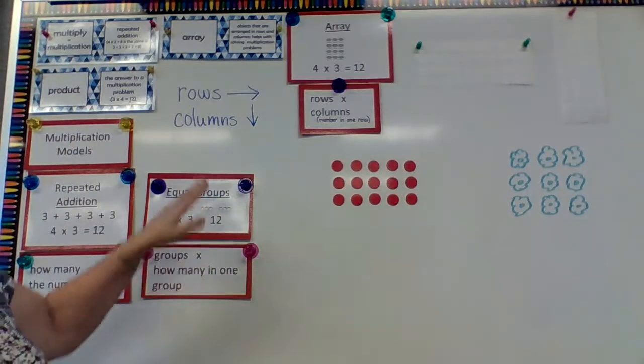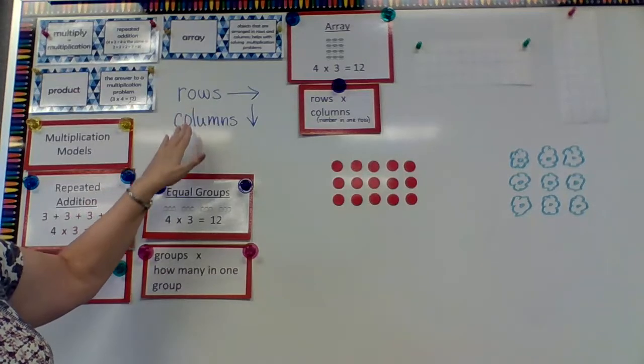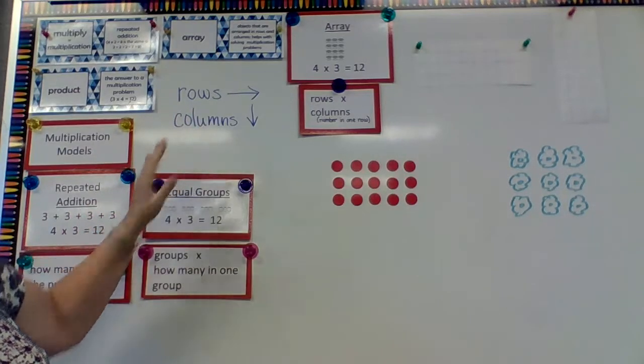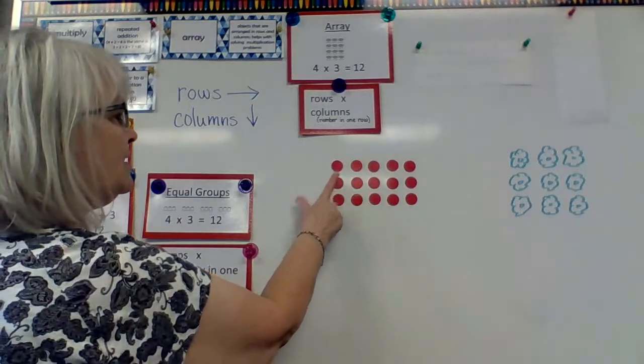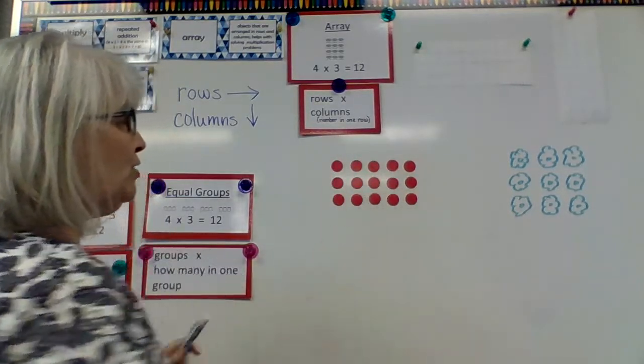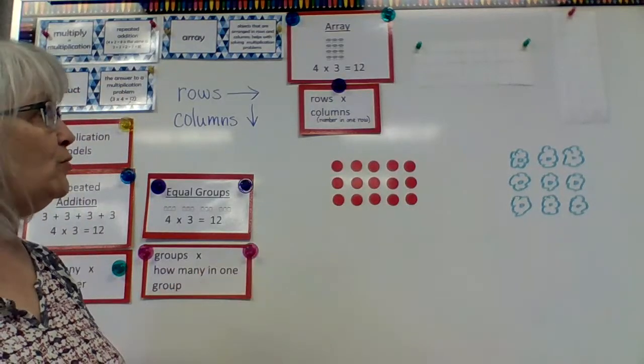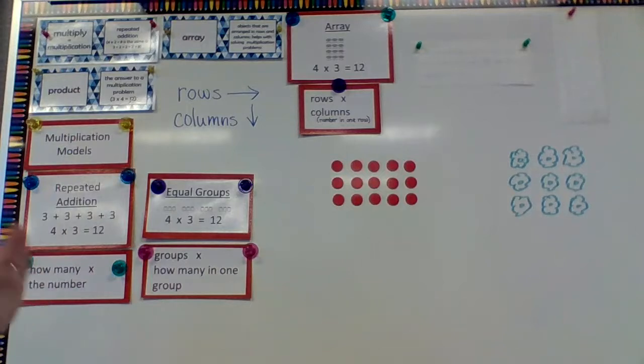So whenever you put things in a pattern where the rows have the same number and the columns are the same number, in nice straight lines, when you see something organized like this, boys and girls, this is showing an array. It is arranged in rows and columns, and we use this to help us do multiplication.